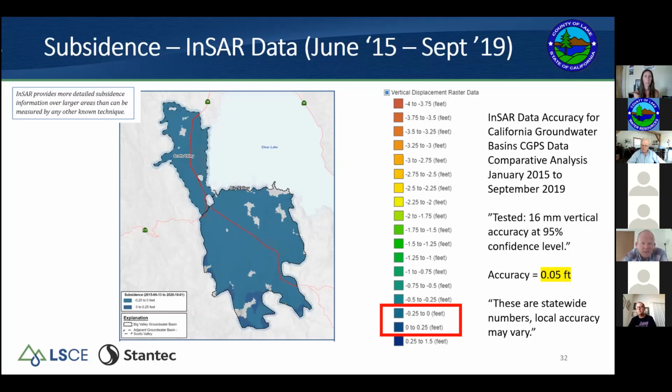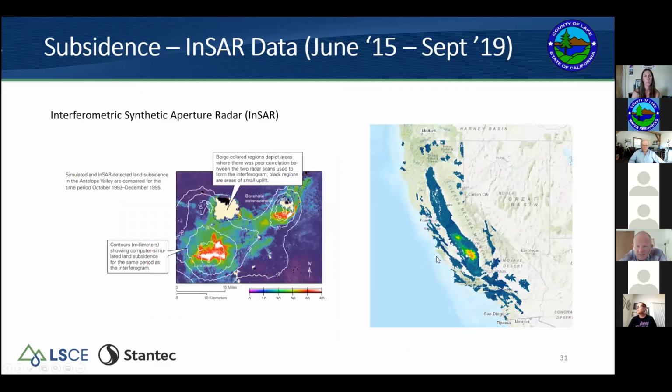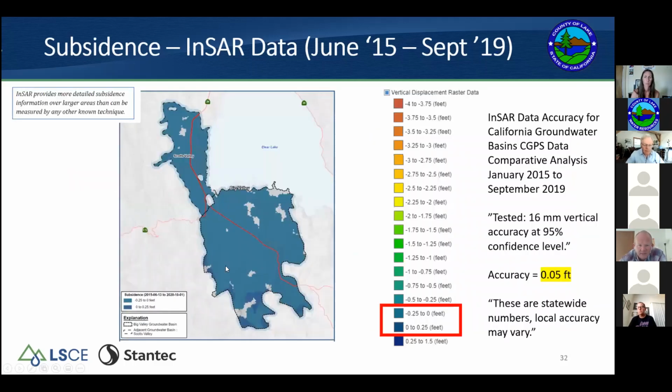What we're seeing here is very small, not zero, but very little vertical displacement from 2015 to September 2019. Going back to this slide, it's the same scale, but look at the areas where you've got red and yellow. Those are the graphics I showed earlier along the San Luis Canal, with huge subsidence areas, but we're not seeing that in this area.